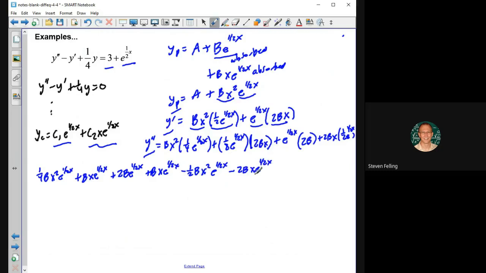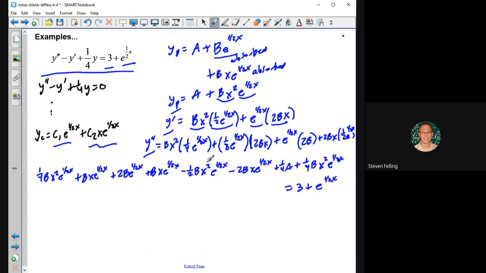Okay, there's the minus y prime. And then we have to go plus 1/4 y. So it's going to be plus 1/4 of each of these terms. So plus a fourth a plus a fourth b x squared e to the 1/2 x. And that has to equal 3 plus e to the 1/2 x, right? So we've written this equation out again, but filled in all the derivatives.